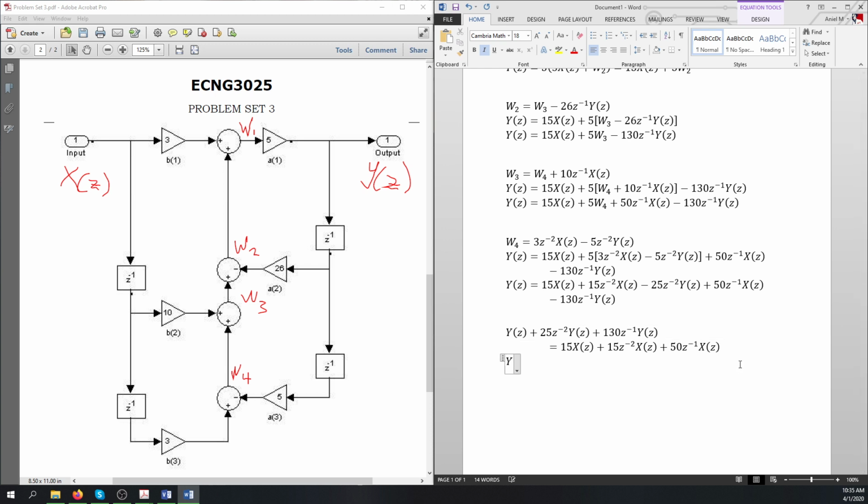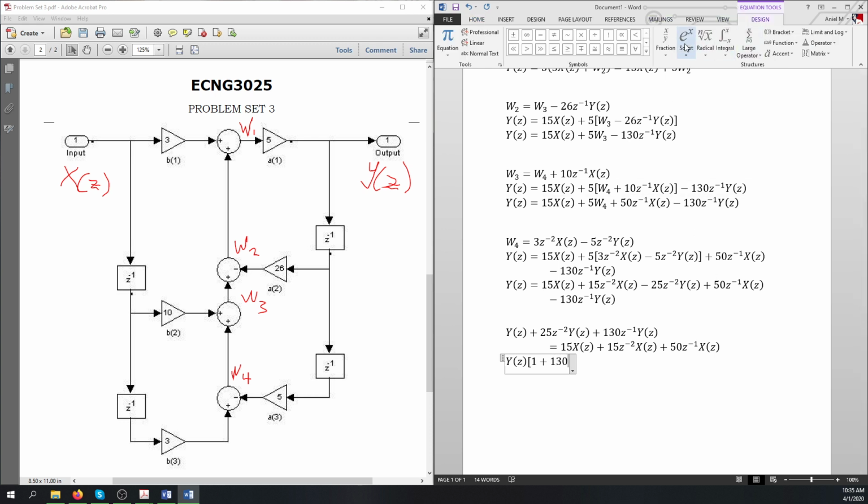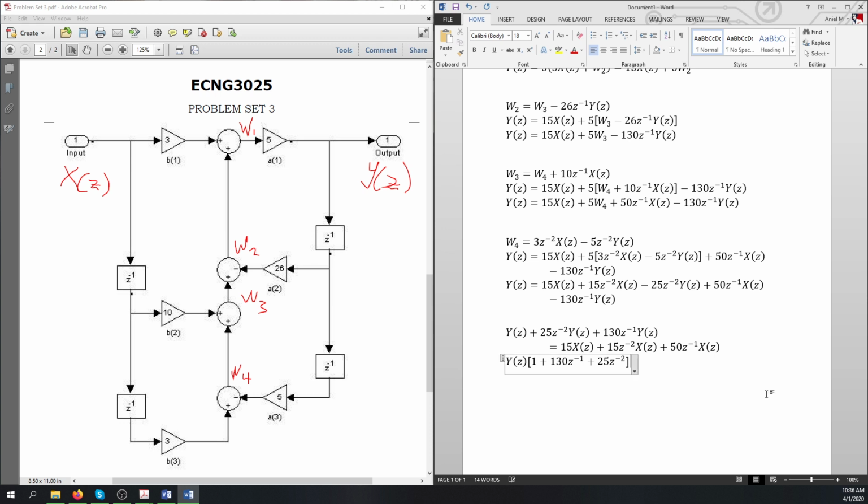Then the next step I want to do is factorize, so I want to pull out the y of z's. So it's going to be 1 plus 130 z to the negative 1 plus 25 z to the negative 2, is equal to x of z, and then we pull this out accordingly.